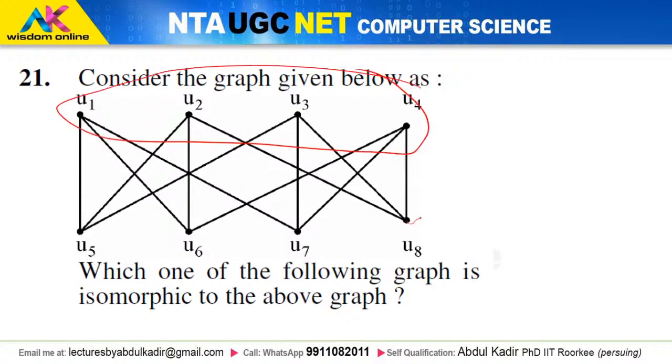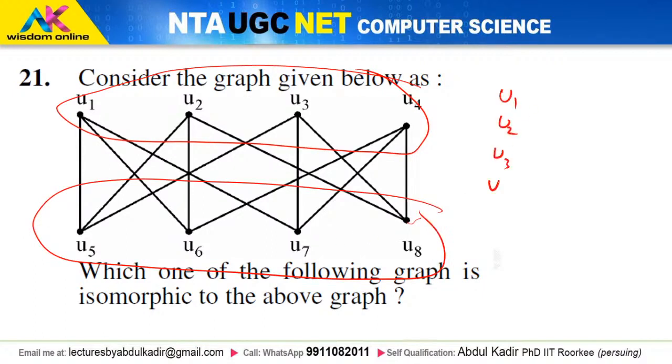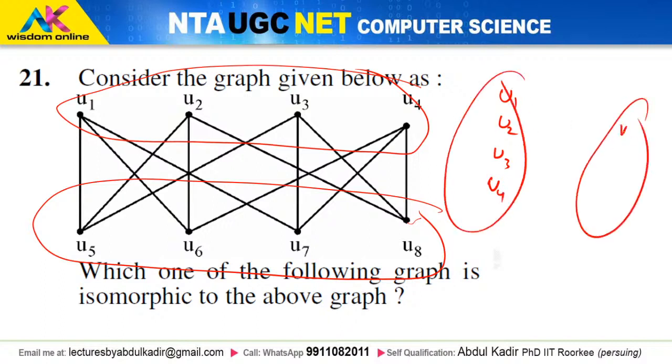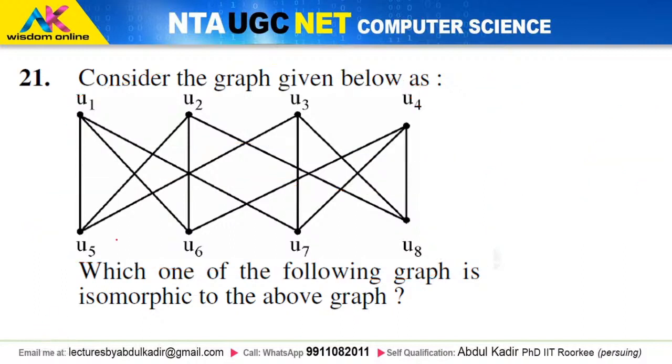This is one partition, U1, U2, U3, U4, and another partition is U5, U6, U7, U8. So you can see these are the two partitions. But wait a second, this is not complete bipartite.